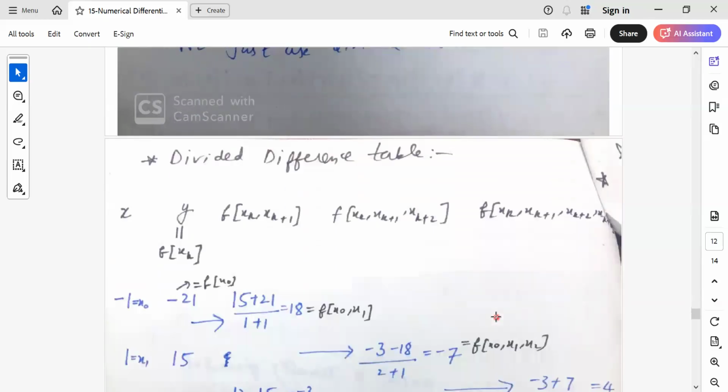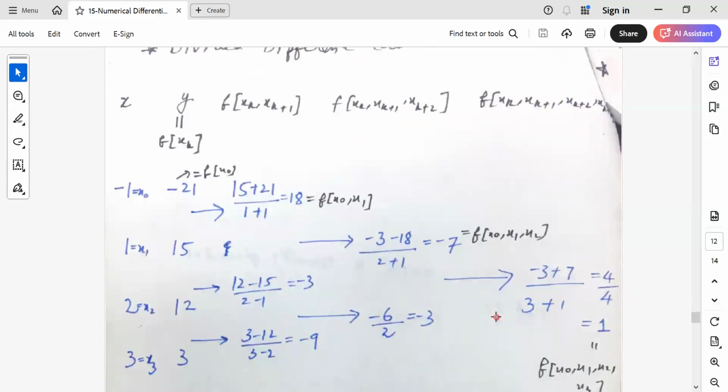Here is the table for the divided difference. You know how we do that. 15 minus 21 will give you 15 plus 21, and in the bottom we divide by 1 minus minus 1, this will become 2. So this is our first divided difference. Again 12 minus 15 and 2 minus 1 in the bottom, this will give you -3.